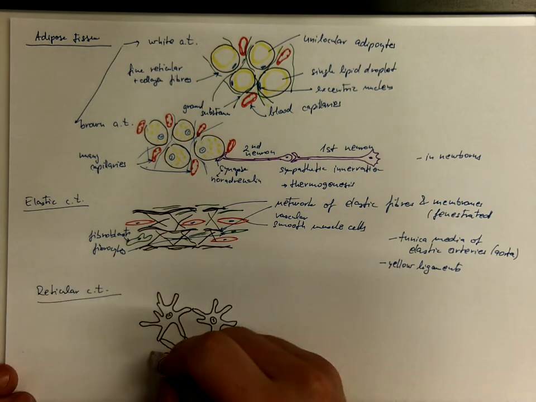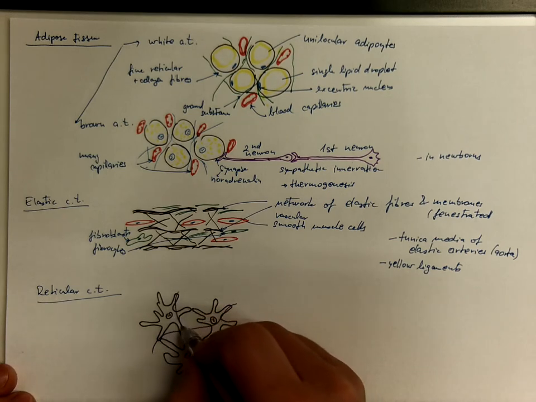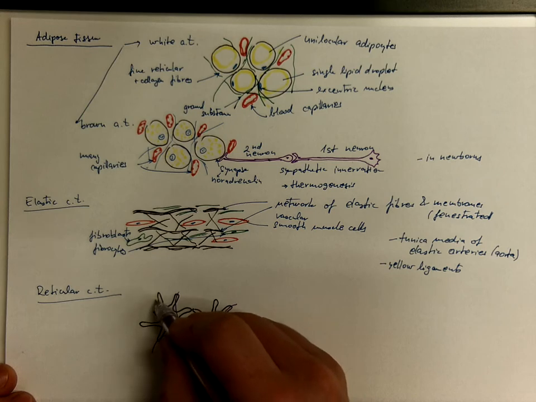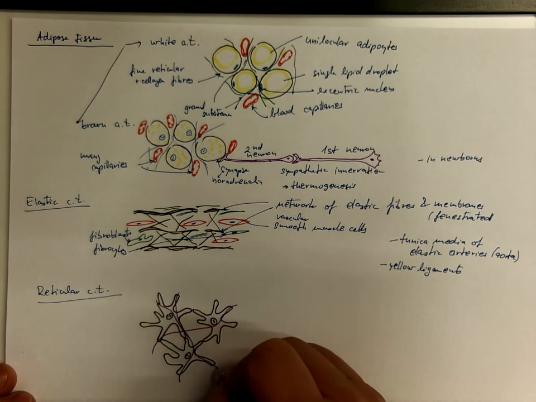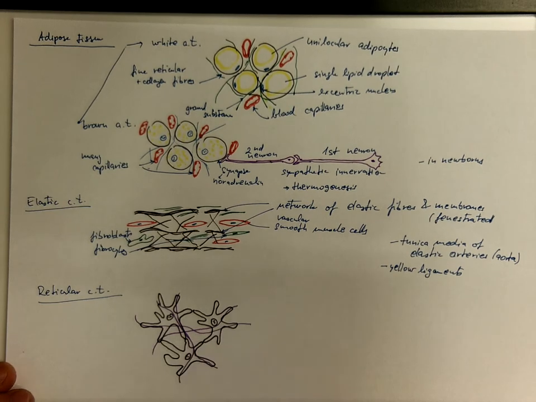These cells are supported by reticular fibers, these type 3 collagen fibers, produced by these reticular cells and embraced by their cell processes.